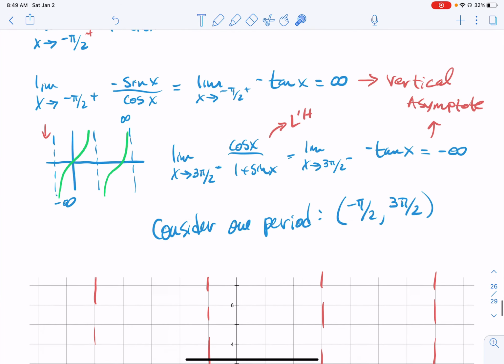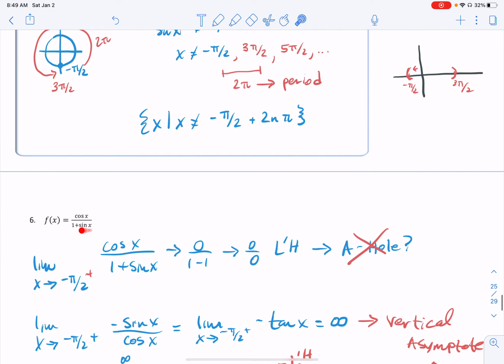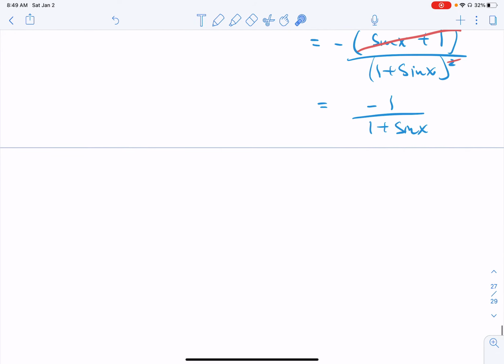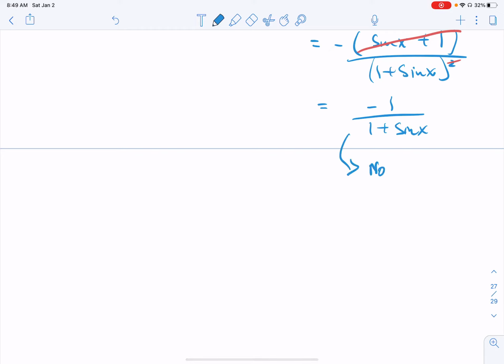Because the denominator remained the same. So the only place where this is undefined is at our vertical asymptotes, which means there are no critical numbers. If you have no critical numbers, this also means you have no relative min or max points.